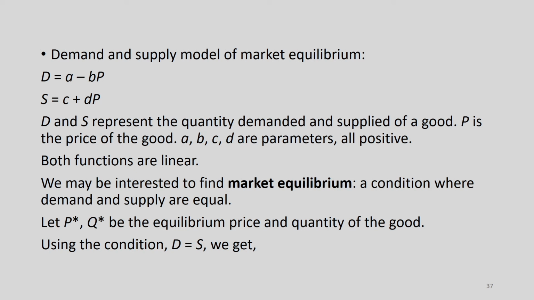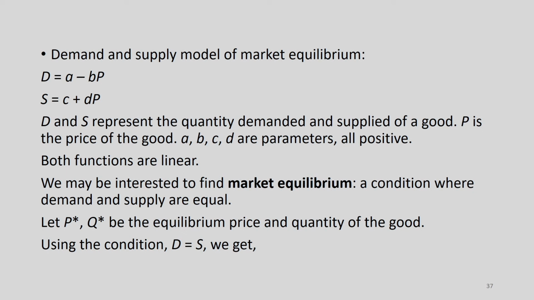Now, what is the task? We may be interested to find the market equilibrium. And what is the market equilibrium? What is the definition? It is a condition where demand and supply are equal. So, quantity demanded is just equal to quantity supplied. So, neither is demand more than the supply, nor is it the case that demand is less than the supply.